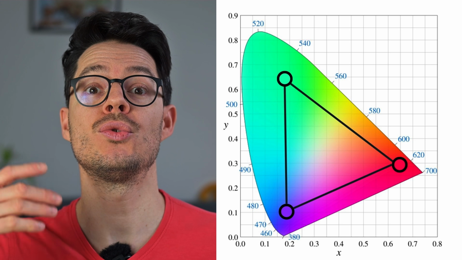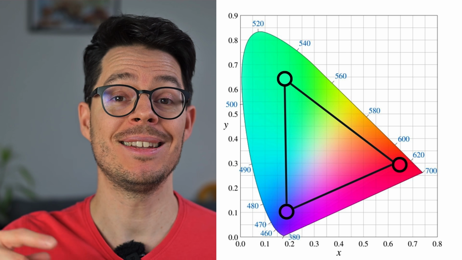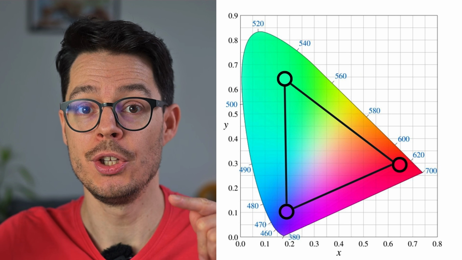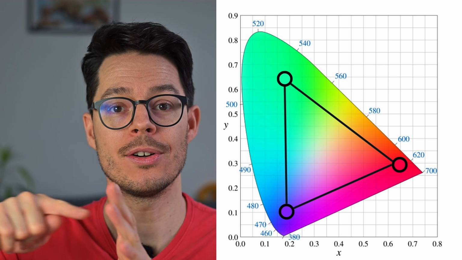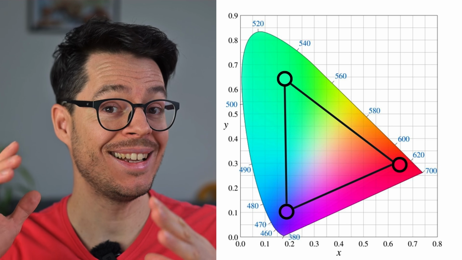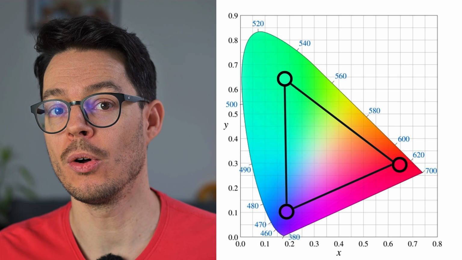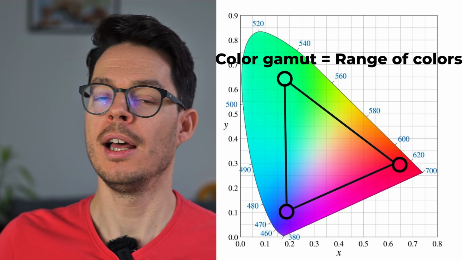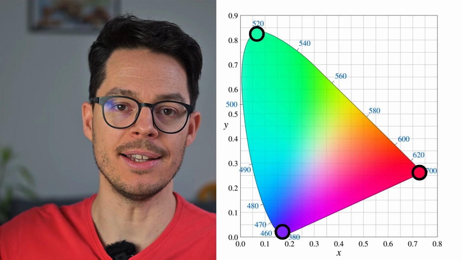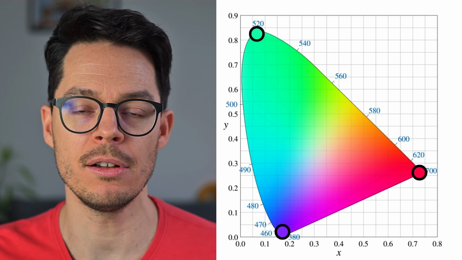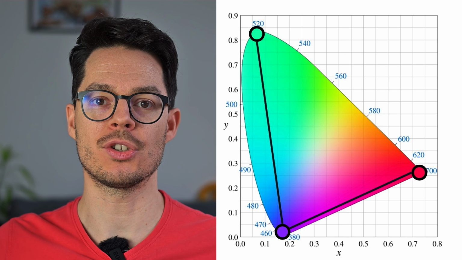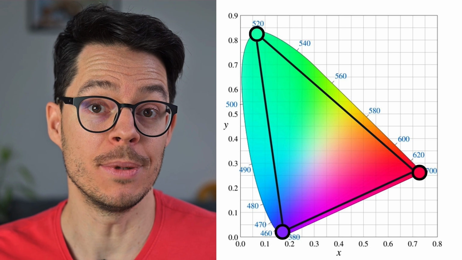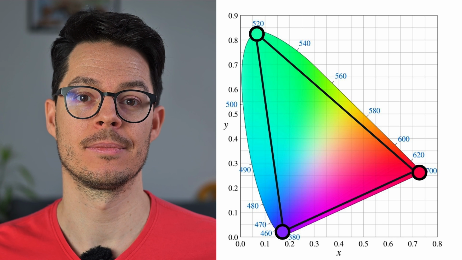If you choose 3 points, then by mixing the colors at the corners, you can have all the colors within the triangle. And this triangle, this is what we call the color gamut. Wow, this is fantastic, so let's pick these as the corners of the triangle and we will cover as much color as we could from this chromaticity diagram.